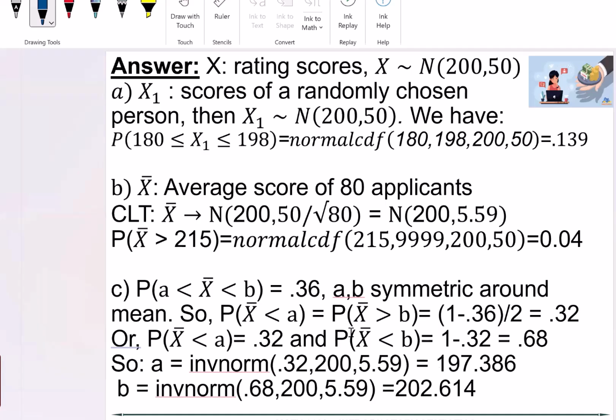Let me quickly show you how we perform this on the calculator.